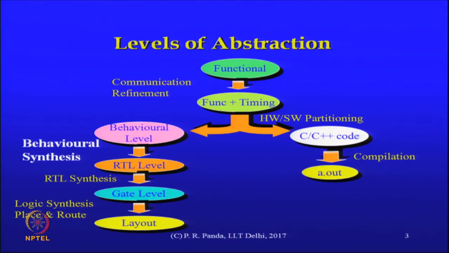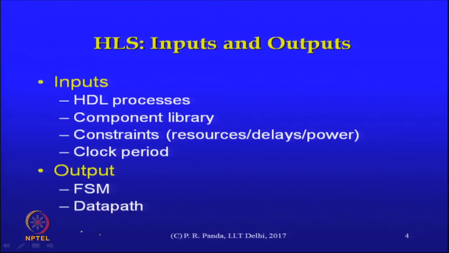We convert from a level of abstraction where the time and clock cycle level detail is not quite clear to one in which it is explicitly clarified. The inputs, first of all, would be the set of HDL processes that we wrote.